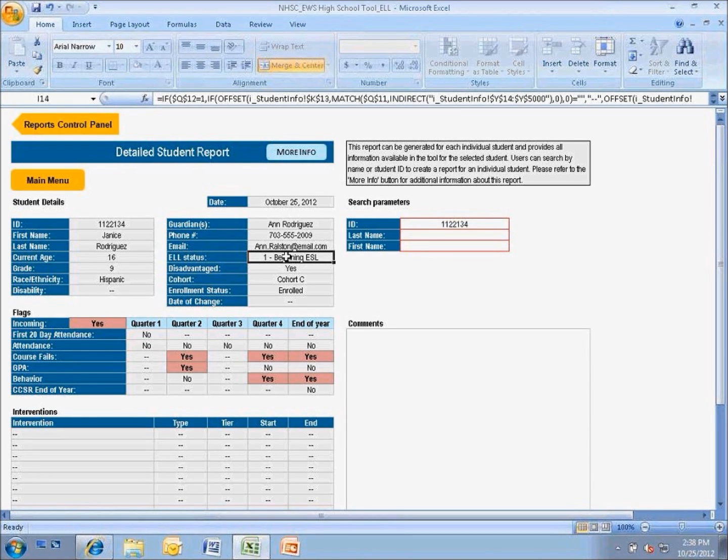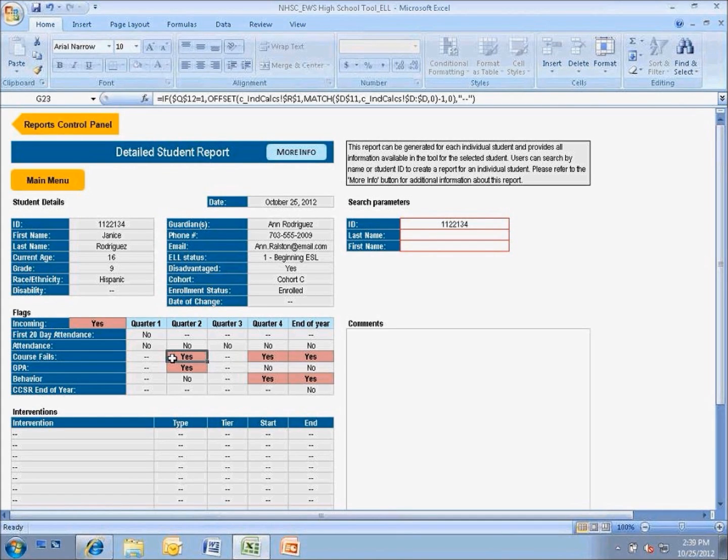And you can see in the report that her struggles in math have shown up here as in her being flagged for course failures and also for GPA. So going back, knowing what you now know, that Janice needs some extra support in math, in particular around this concept, you could go back and assign Janice to an intervention to help support her.